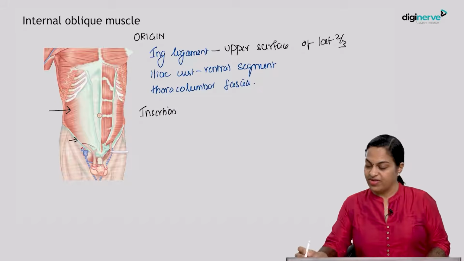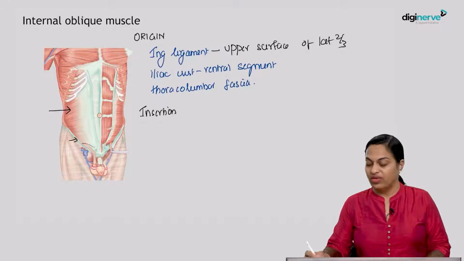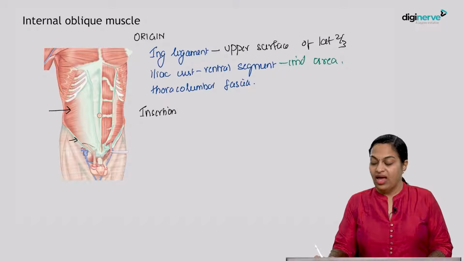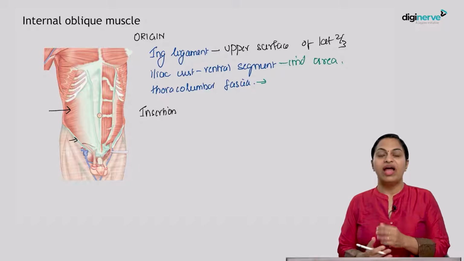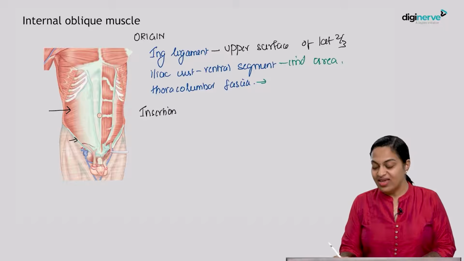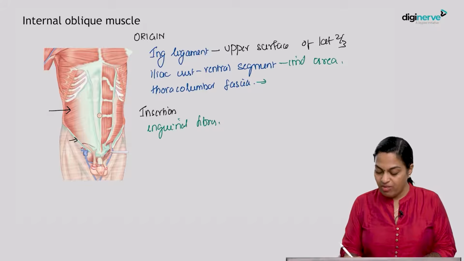We'll be talking about it separately. It will also come from the ventral segment of the iliac crest, its intermediate area, and also from the fusion of the anterior and the middle layers of the thoracolumbar fascia. These inguinal fibers coming from the inguinal ligament are very important.